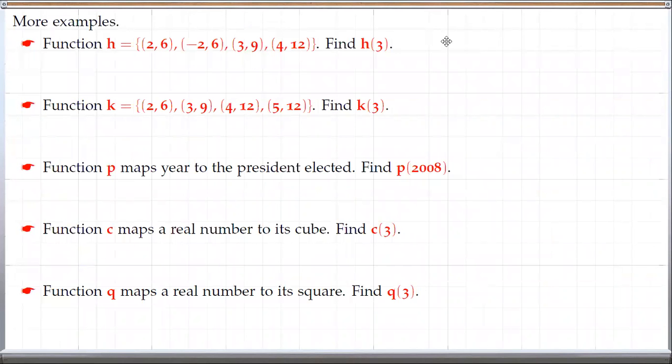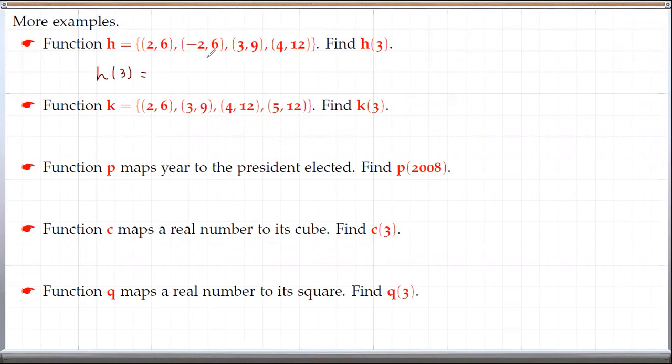And here are more examples, particularly about using the notation for functions. So for the first one, the function h is given like this: (2, 6), (-2, 6), (3, 9), (4, 12), which says find h of 3. So we want to find the output of the function when input is 3.